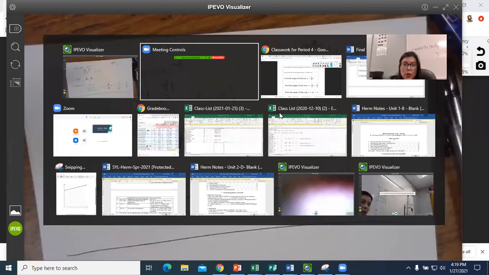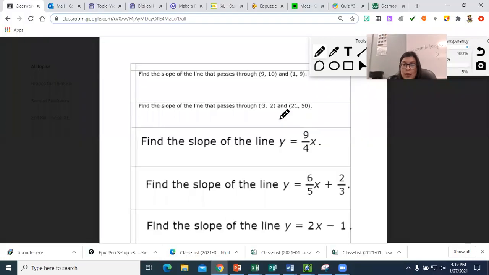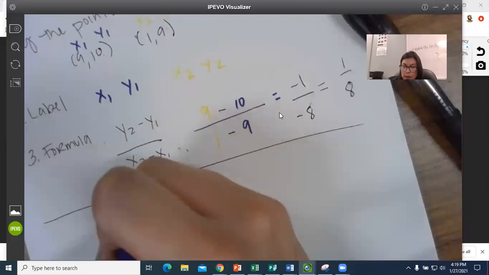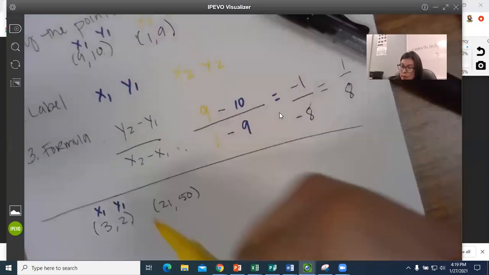All right, so let's go ahead and do this one together to make sure everybody understands. So I'm going to copy the points and label the points. So let's see, did you label the points correctly?